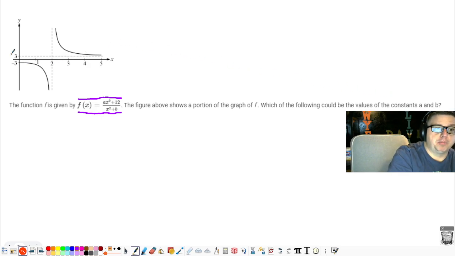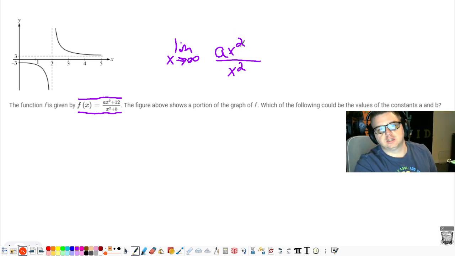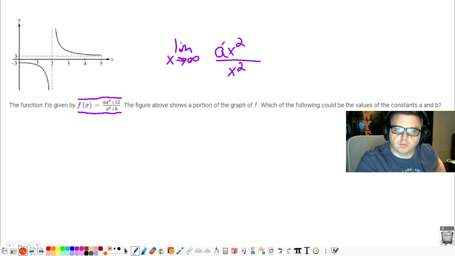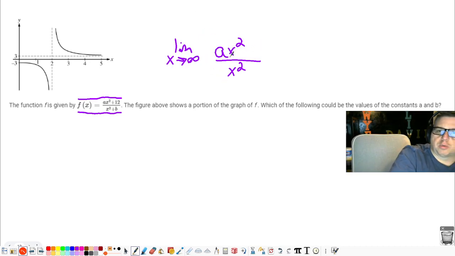Now, if we remember some of our work, what is the limit as x approaches infinity? Hopefully we go back to our function races, where the terms cancel each other out and we are left with the coefficient as our solution. What is the horizontal asymptote when we go out to infinity?